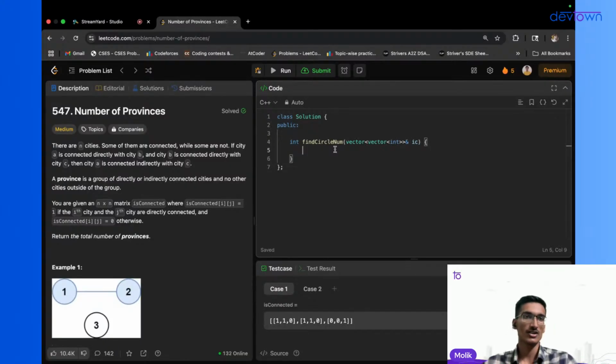So the problem is asking for number of provinces which are directly or indirectly connected. So they are essentially asking for number of connected components in the graph. Can anyone figure it out? How you can proceed in this problem?